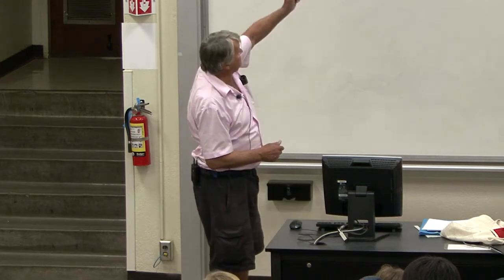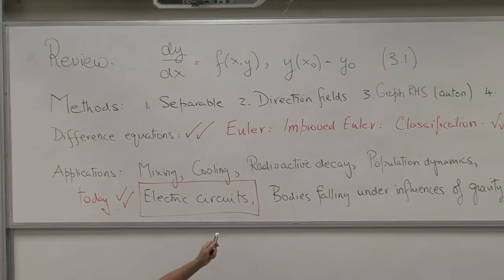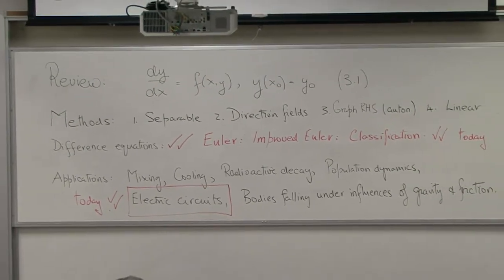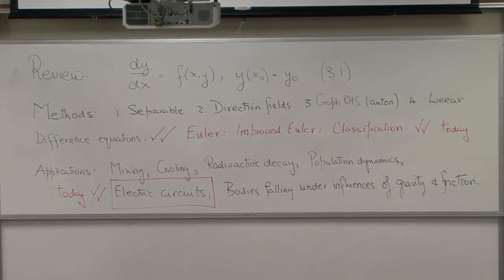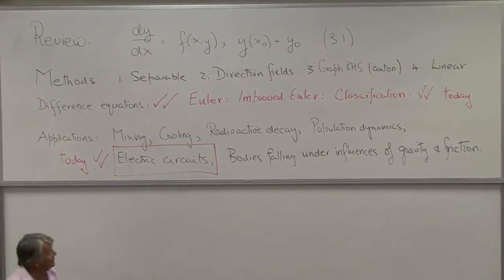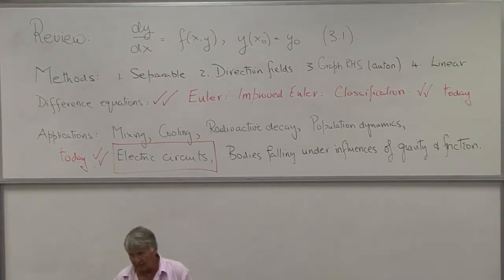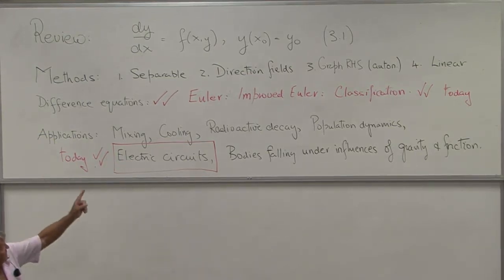And those are separable, direction fields, graphing the right-hand side of 3.1 there if the f does not depend on the independent variable x, and finally the method for solving linear equations. So those are the methods.